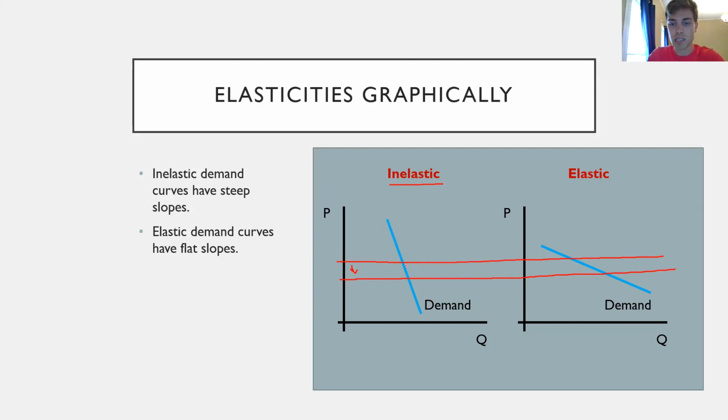What we can notice is that for the inelastic demand curve, the quantity demanded doesn't change by a lot. But for the elastic demand curve, we have a really large change in quantity demanded. That's the difference between the inelastic and the elastic demand curve: the elastic demand curve is a lot more responsive to changes in price.